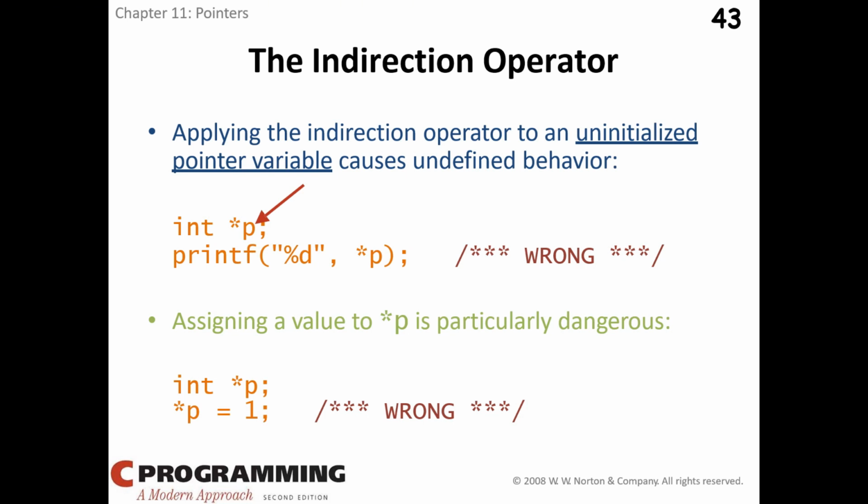However, since p has not been initialized, it does not point to any valid memory location, and as a result, this operation also leads to undefined behavior. That's why it's essential to always initialize pointer variables before dereferencing them or assigning any values to the objects they point to. And this will ensure that the pointers point to valid memory locations and prevent undefined behavior in your programs.